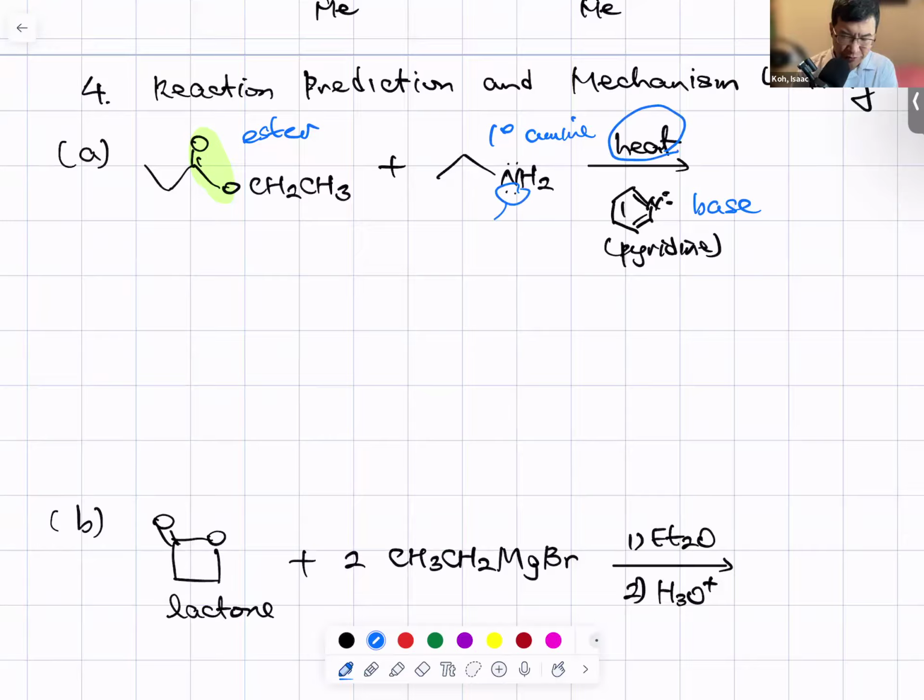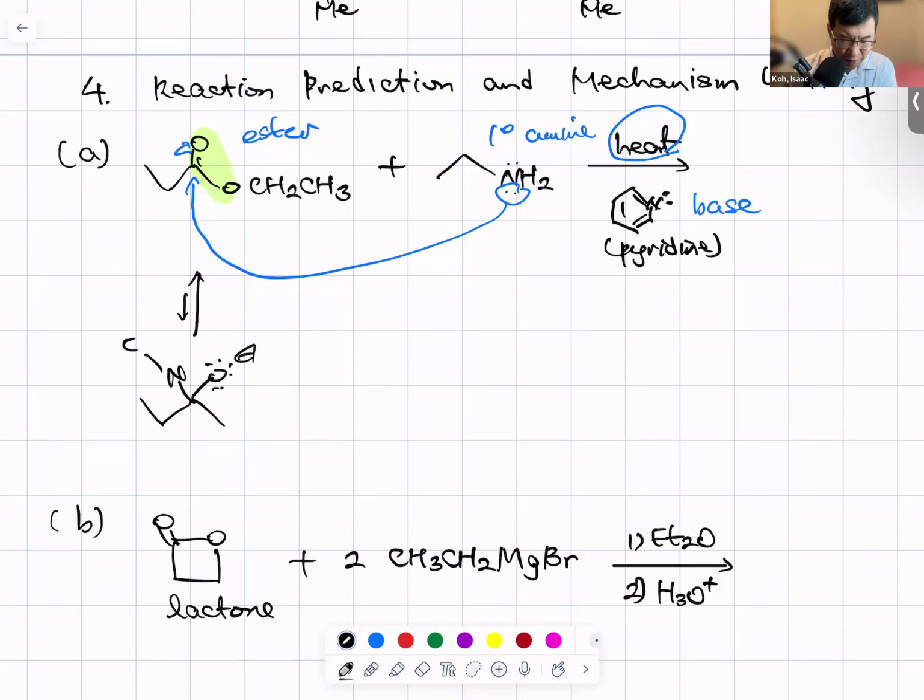The amine lone pair attacks the carbonyl carbon and pushes the electrons up to the oxygen, and only a small amount of it will be doing this, making the tetrahedral intermediate. Ethyl group right there, and then two hydrogens, and positive charge, and this is the ethyl group right there.